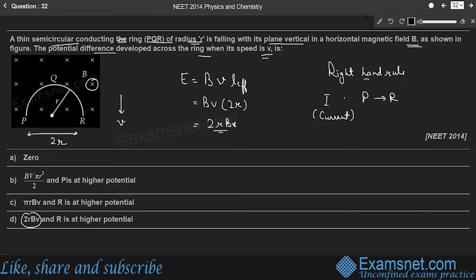So when the current is flowing from P to R, that means the electrons will be flowing from R to P. So the point P will have the negative charges and the point R will get positive charges. That means point R will be at higher potential. So now this is confirmed that option D is the correct answer.